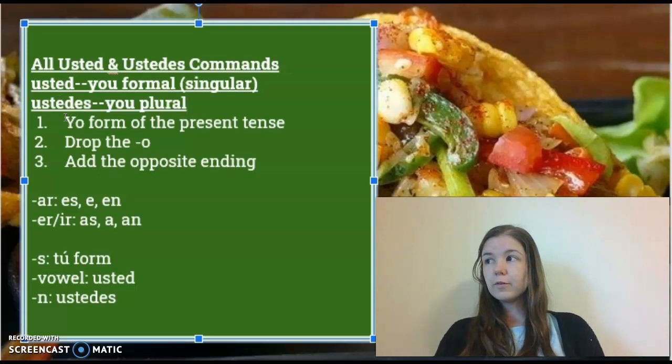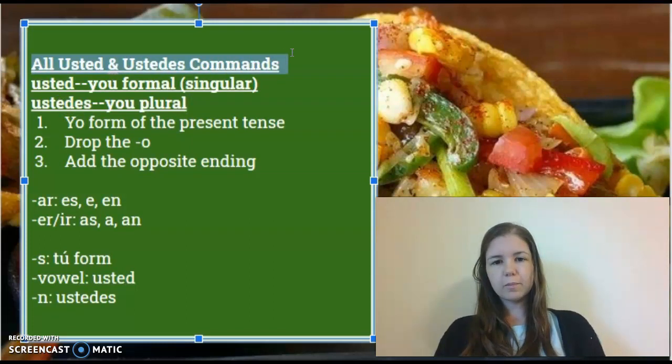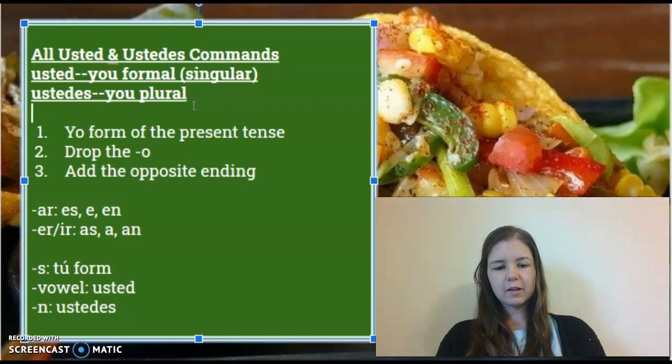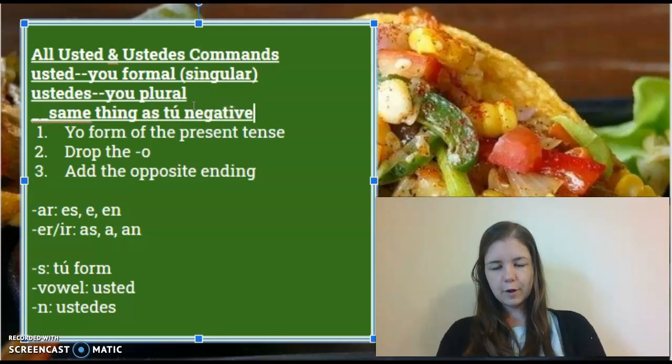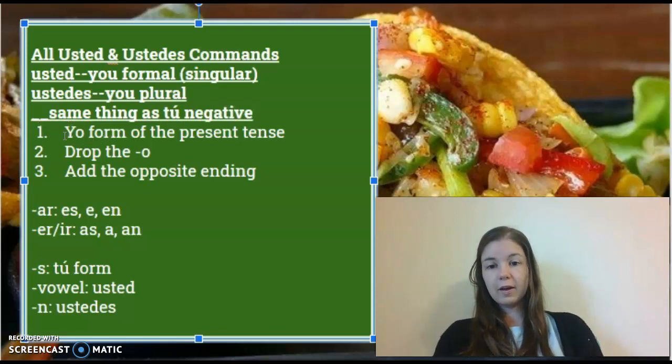So the good news is, all these usted and ustedes commands, both affirmative and negative, are going to be extremely similar to the tú negative commands. So it's basically the same thing. That was when you have the yo form of a verb in the present tense.